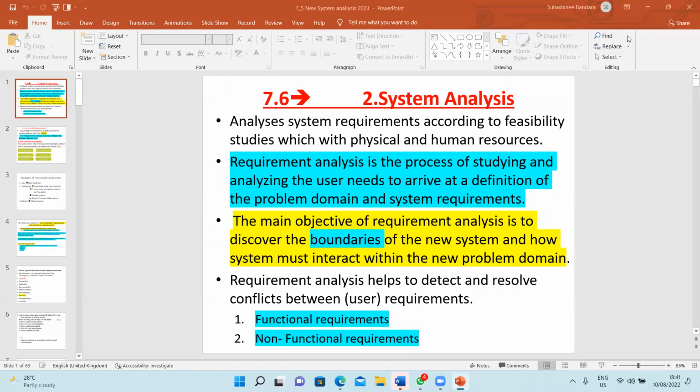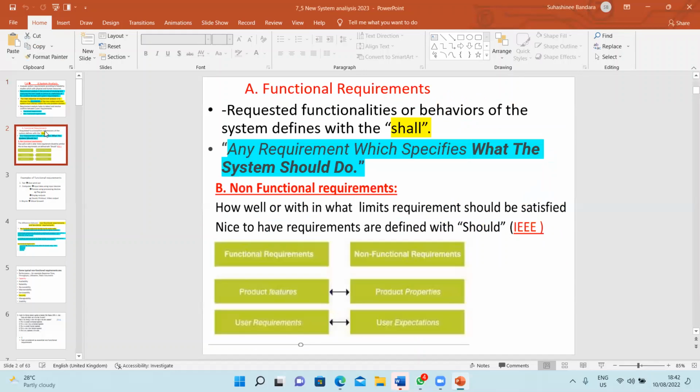For example, security, limitations, the speed of the fan and how many rotations it can do within one second. Likewise, limitations, security, efficiency, those things we can consider as non-functional requirements. Now we'll move to the functional and non-functional requirements and their differences.